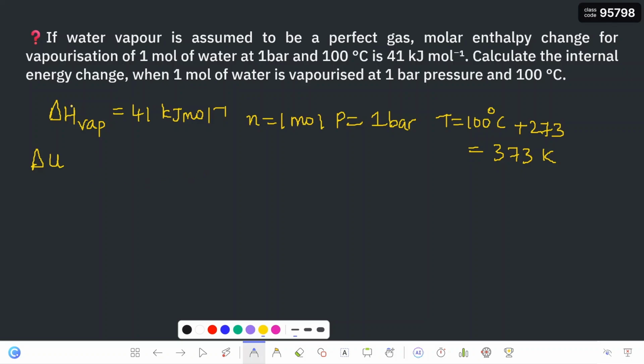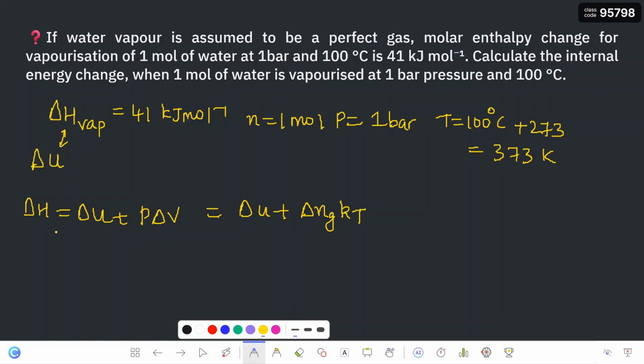So what equation? We have learned an equation connecting delta H and delta U. Delta H is equal to delta U plus P delta V. Also we can write this equation in the form of delta H equals delta U plus delta Ng RT.